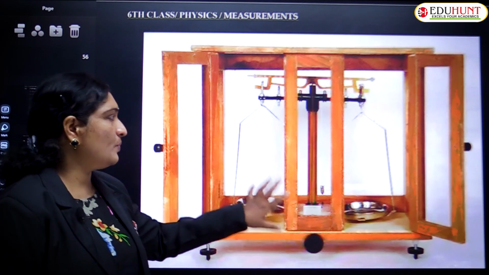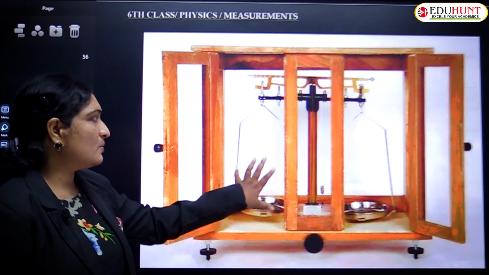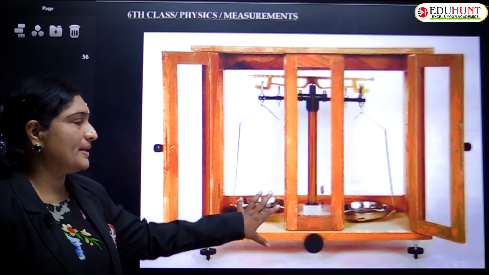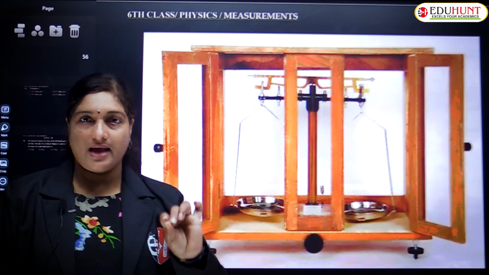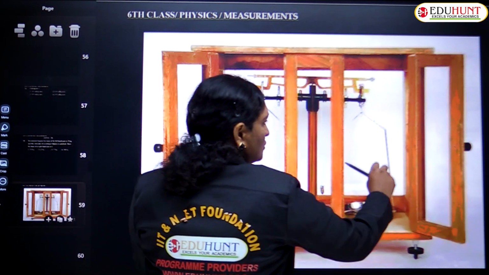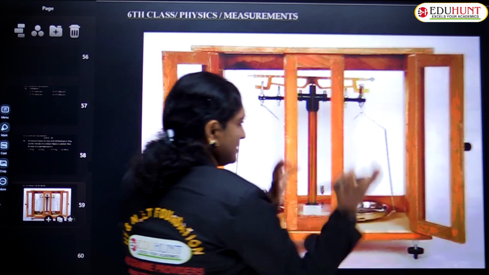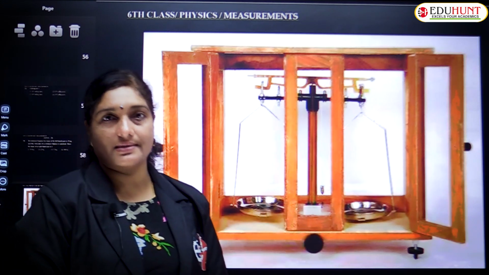Whenever you visit a gold shop, especially in villages, they use this type of instrument to measure precious items like gold, silver or diamonds. It is made up of a wooden block with two doors. These doors can be closed so that there won't be any disturbance because of the surrounding air.